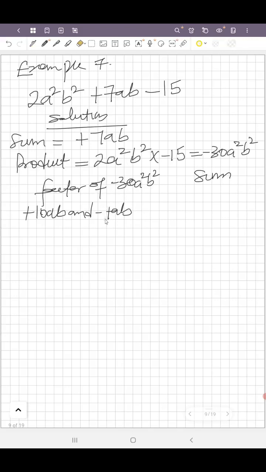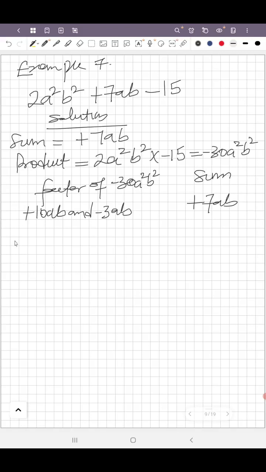Sorry, we have minus 3. So 10 times minus 3 will give minus 30. ab times ab will give us a squared b squared. So when you now add it together, we have plus 7ab. I don't want to waste our time. I'm only trying to use exactly what we used the other time.